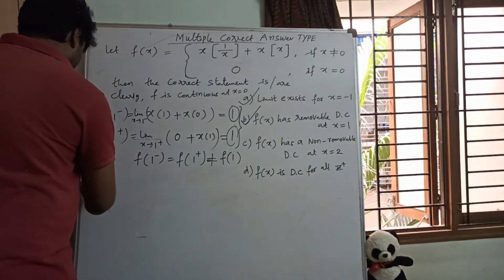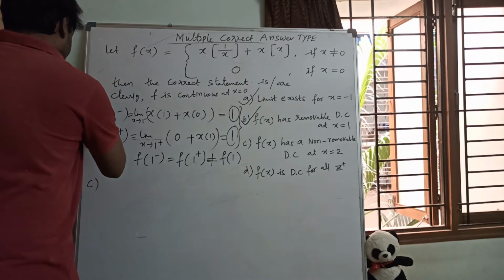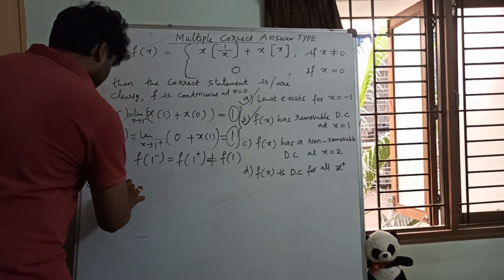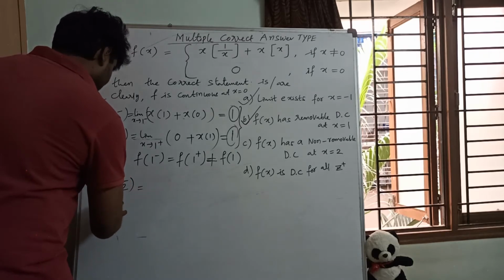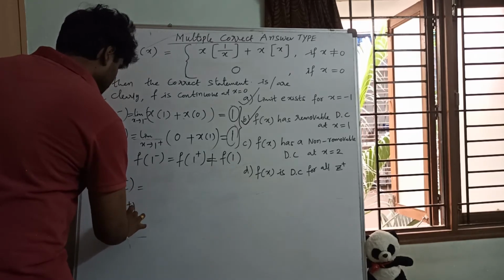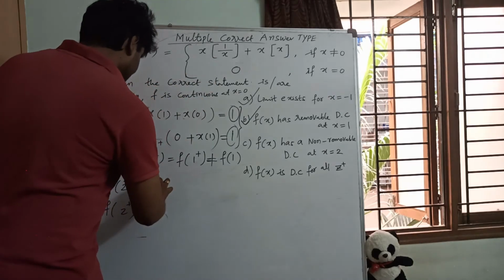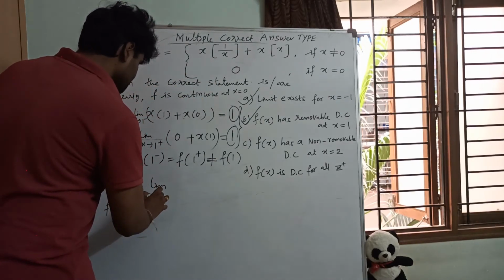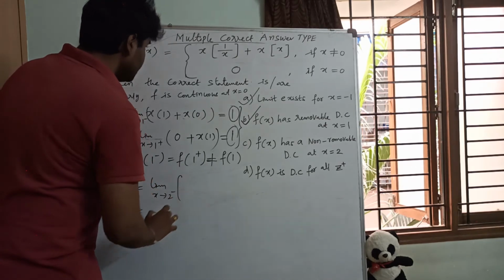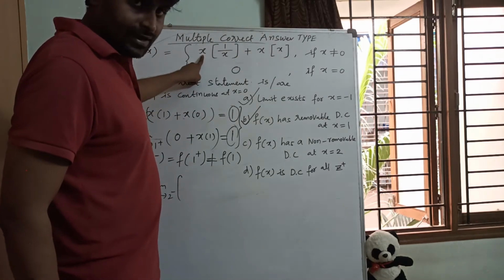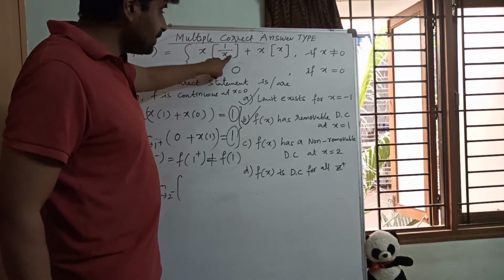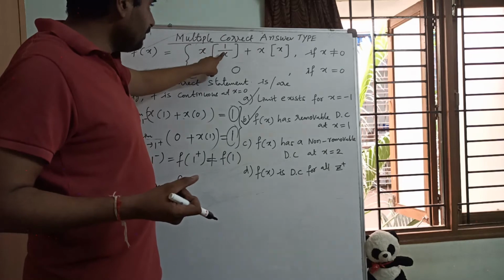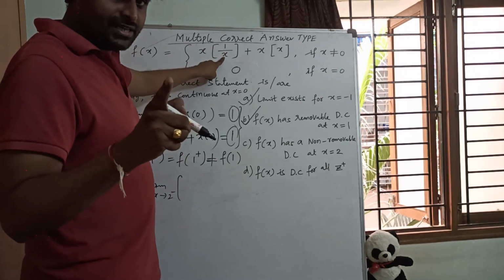Okay. Now we'll see at x equal 2. Now I'm talking about option C. So option B is over. Now let us find f of 2 minus, after that f of 2 plus. Limit x tends to 2 minus. Here 2 minus means 1 point change. 1 by 1 point change, proper fraction, 0 point change.